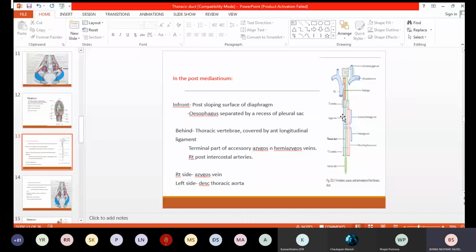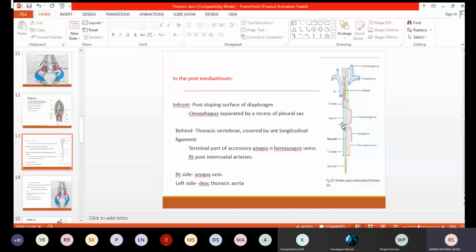So we are in the mediastinum only. These structures are lying posterior to the duct in the posterior mediastinum. In the lower part you can see the hemiazygous vein running vertically, and then running horizontally to drain into the azygous vein.